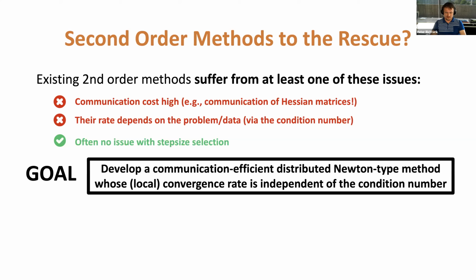One thing that we will lose is that in order to get these properties, we will have to deal with only a local convergence rate. And this word local doesn't mean the same thing as what I meant in local methods. Here I mean that you start close enough to the solution. We also have some globalization strategies, but once you globalize, this independence of the condition number property is going to disappear.